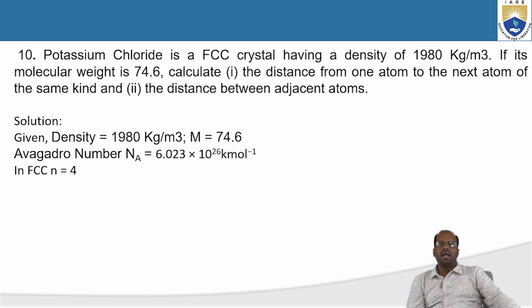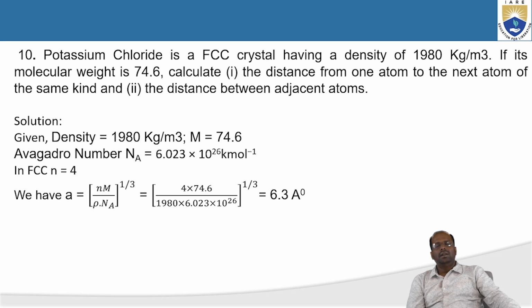The number of atoms for face-centered cubic structure is 4. Now we need to calculate the lattice constant. a is equal to n into m by rho into Na, whole power of 1 by 3.